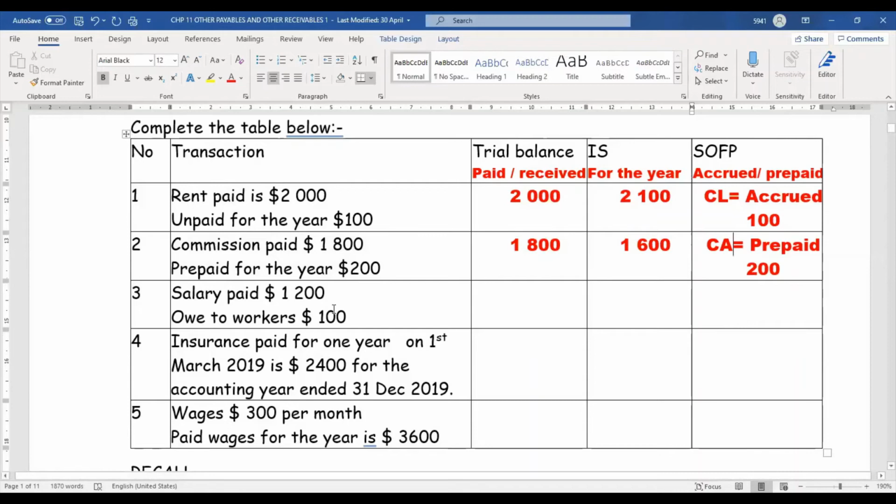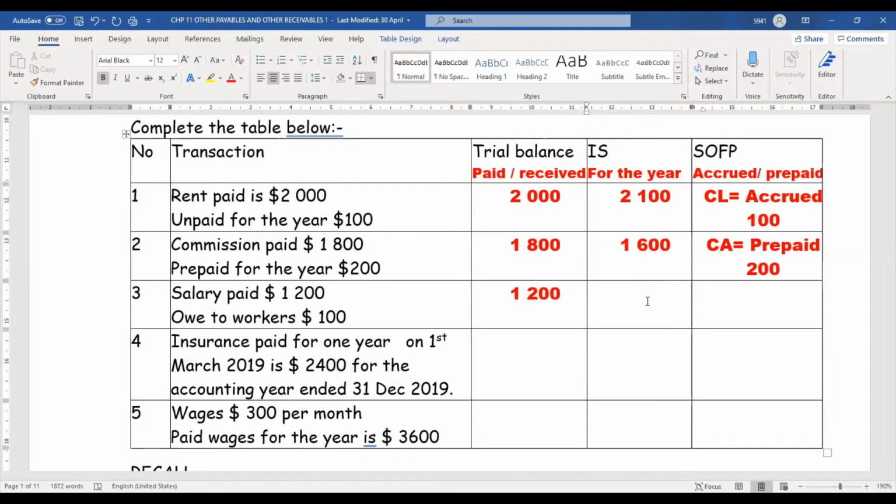Continue. Next one. Salary paid 1,200. So your paid will be 1,200. Then we owe the workers 100. We owe the workers, meaning we haven't paid the workers 100, but the workers already worked for us. So how much is the salary expense for this year? 1,200 or 1,100 or 1,300?